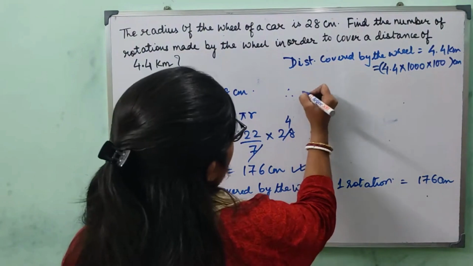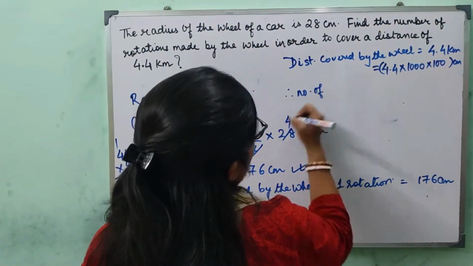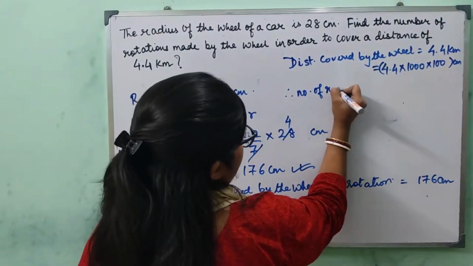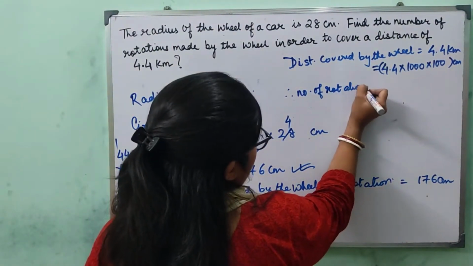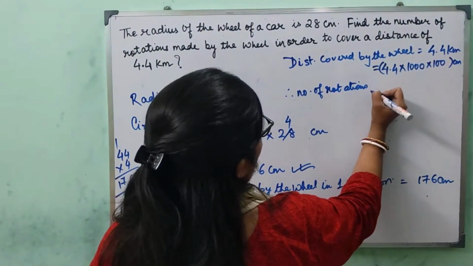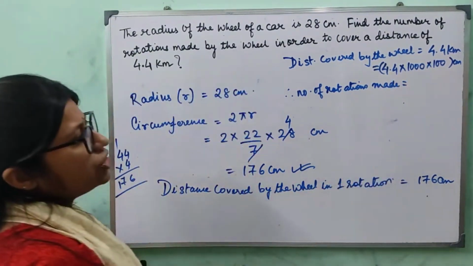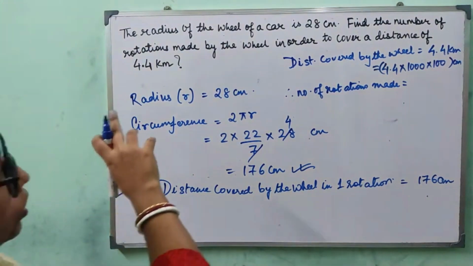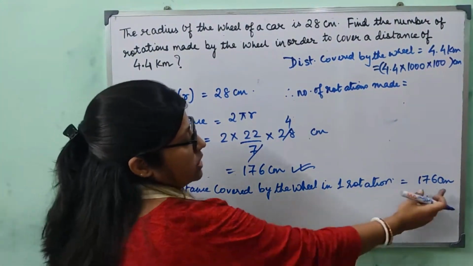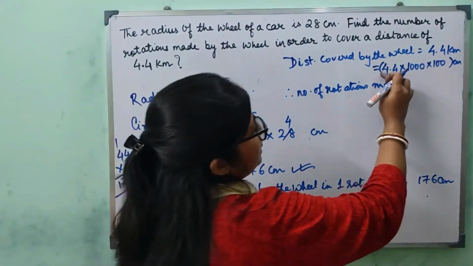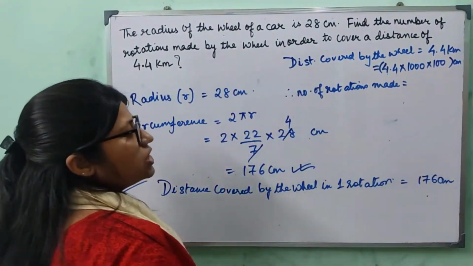So therefore, I have to find the number of rotations made. To cover this much distance, it is taking one rotation. In order to cover this much total distance, how many rotations will it make?